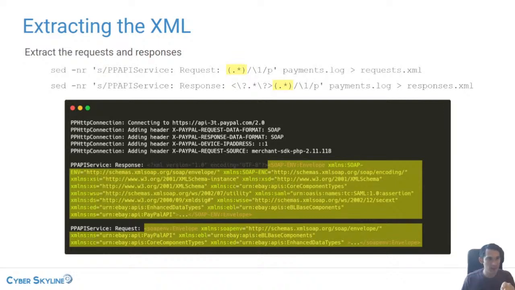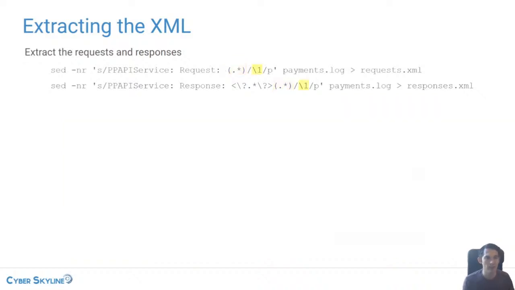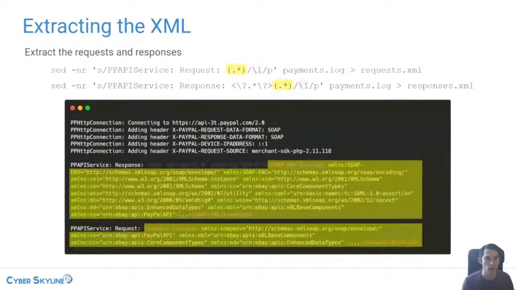So the entire line we matched on, this PPAPI service response or PPAPI service request, that's part of matching a line, but we don't want that. We want to remove that from our results. We just want what we have in our parentheses, that capture group there. And we only have a single capture group, so that's going to be capture group number 1, and that's what that \1 is going to indicate. So we're going to replace the entire line with just what is highlighted.